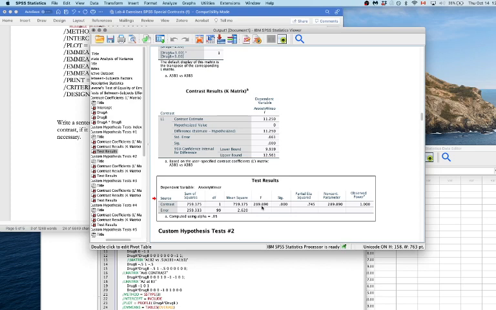So F(1, 99) equals 289, comma, p less than 0.001.